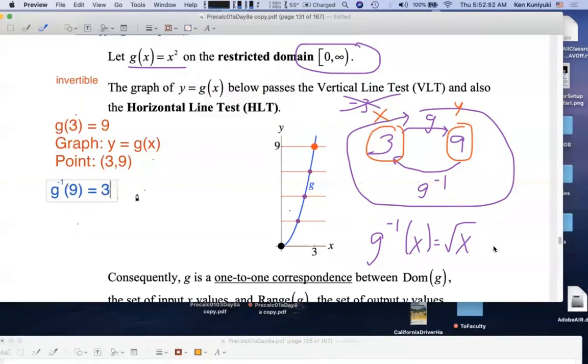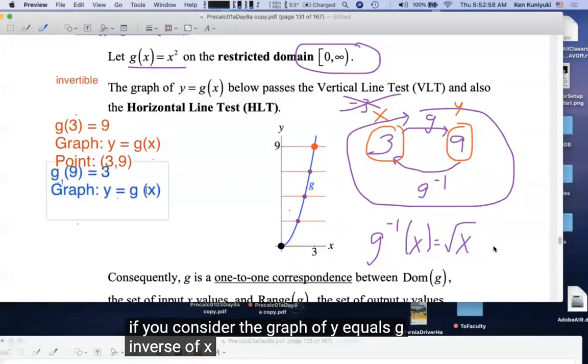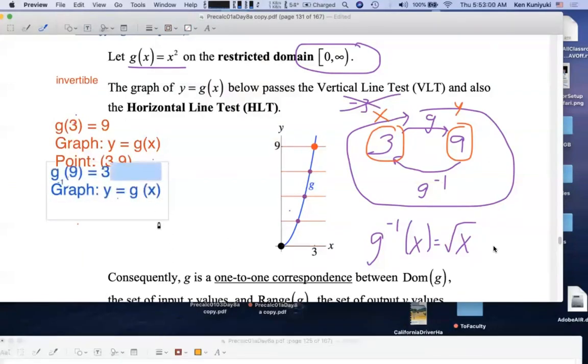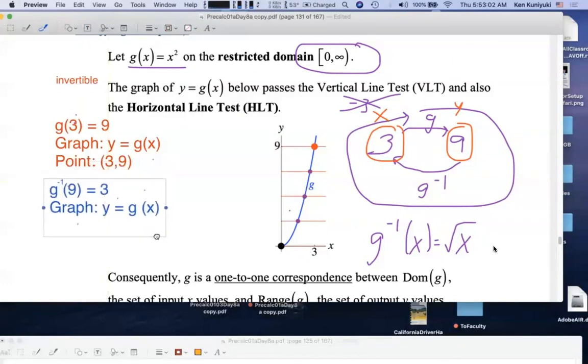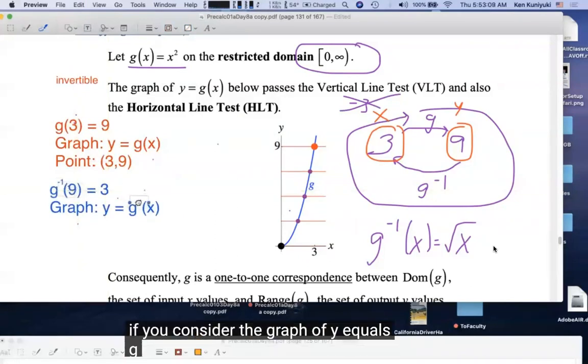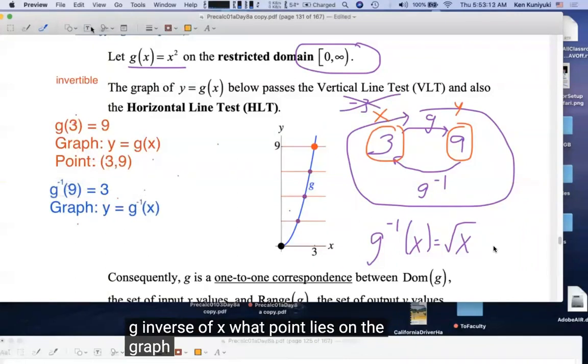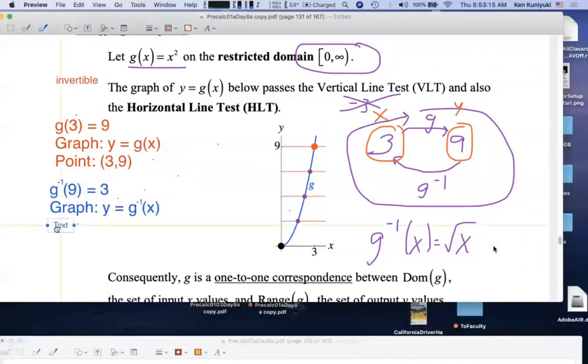So, if you consider the graph of y equals g inverse of x, what point lies on the graph?